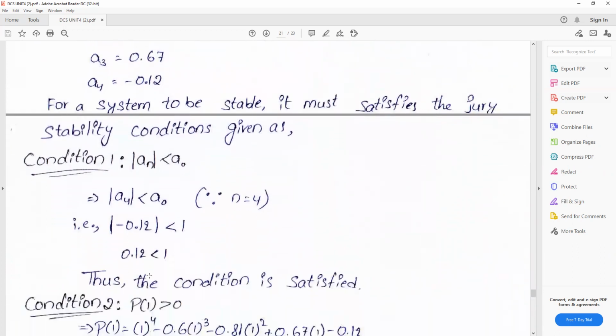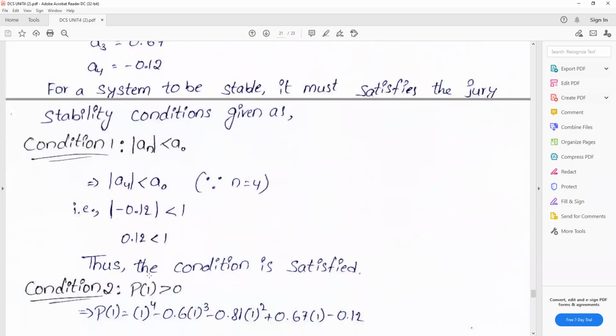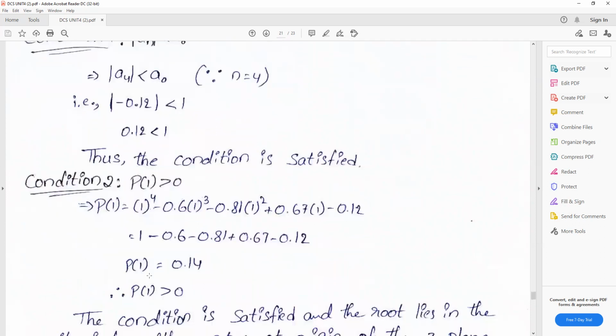What is the first condition? Modulus of a4 is less than a0. So a4 is 0.12, which is less than 1. So the first condition is satisfied.